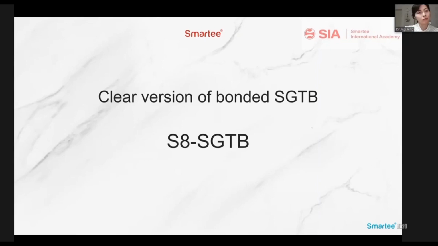And we cannot control the lower incisors and the individual tooth position. The treatment duration will be about 2.5 to 3 years. So those are the disadvantages of the bonded SGTB.